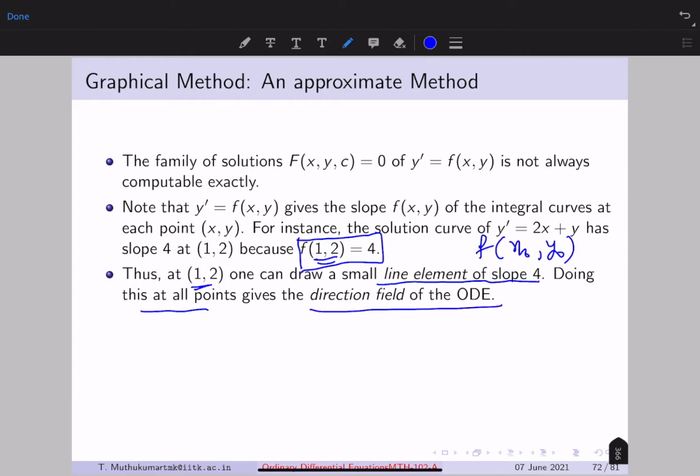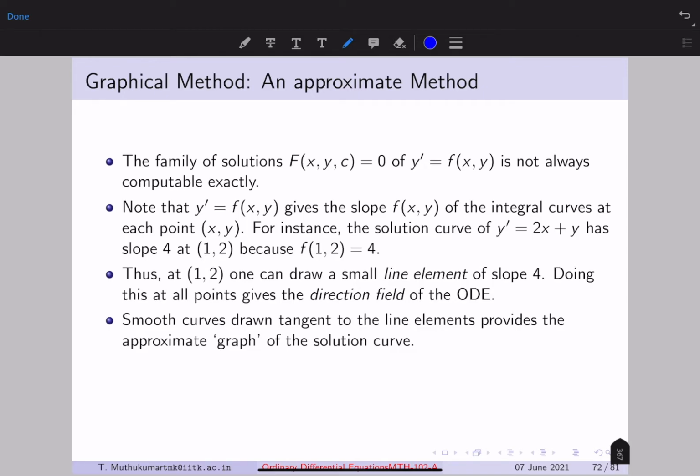Right? So the curve is such that at every point, this is the tangent. So you know the slope of the tangent at every point of that curve which you want to find. So once you draw the small line segments of the corresponding slope, you will have a direction field of the ODE. Okay.